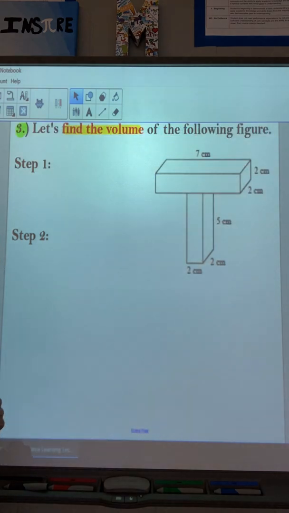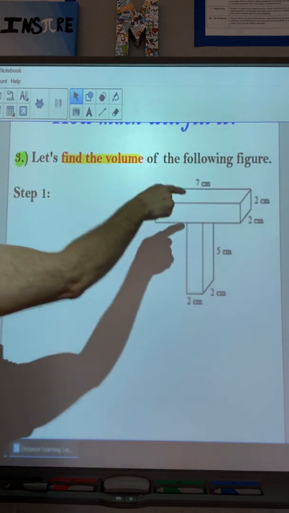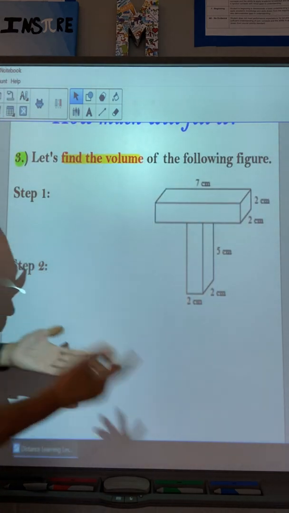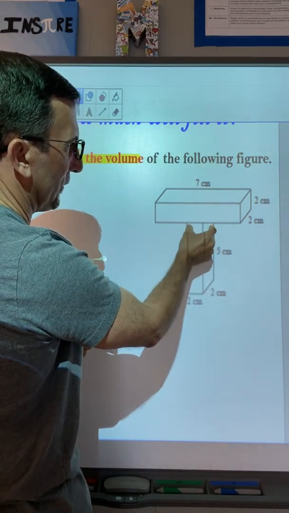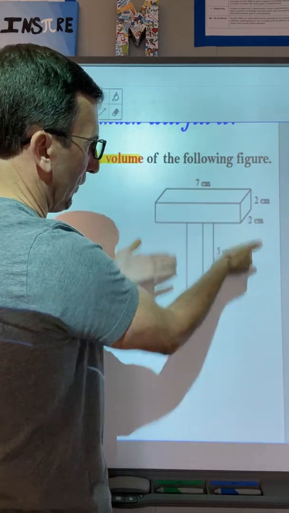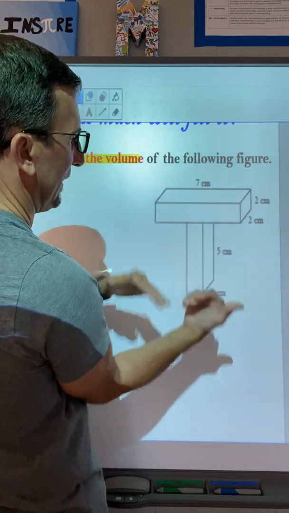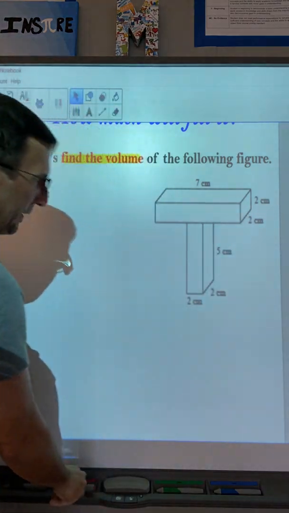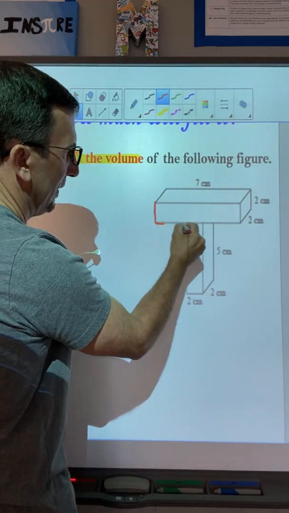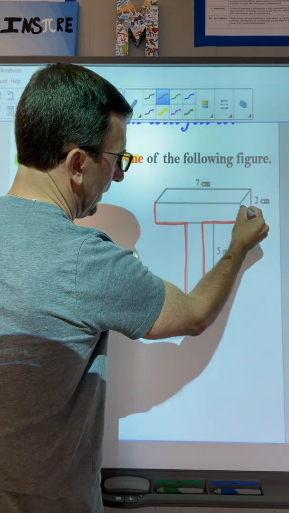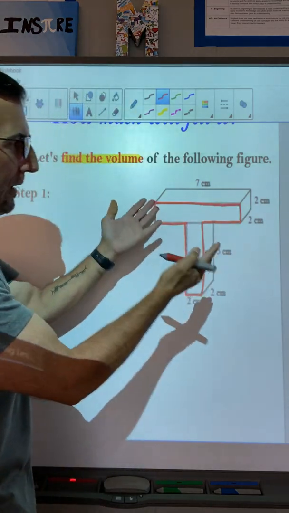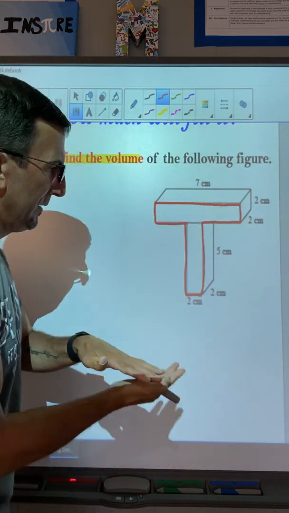At least one more. Okay, so it says find the volume of this figure. Now, this one should be obvious. We can't find the bottom of this because it goes up here, but there's nothing over here. So we're going to flop this thing down on its side. So this, okay, that right there is going to be our bottom.